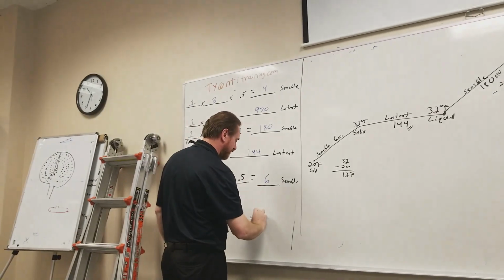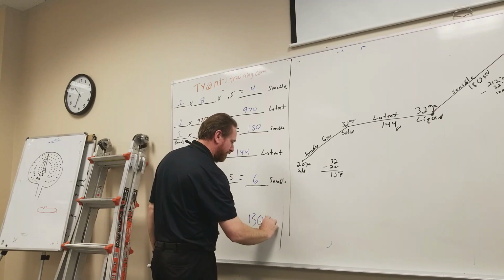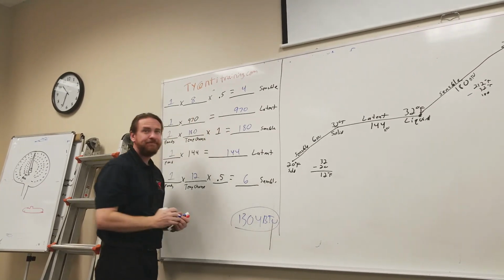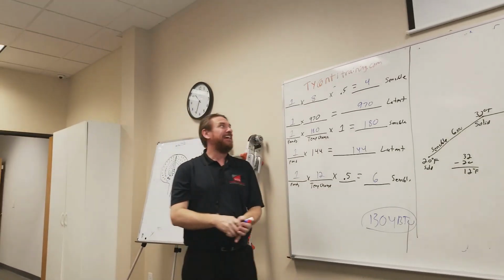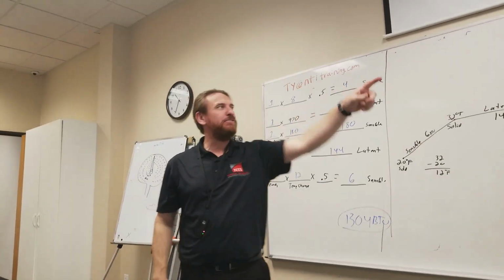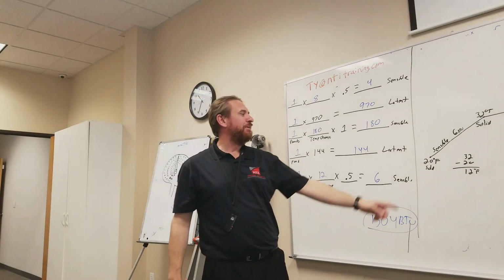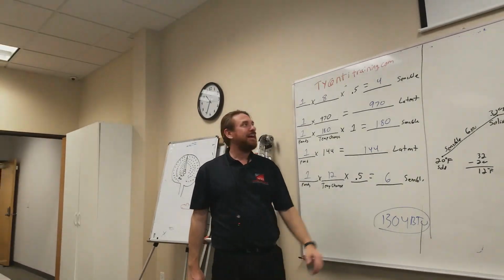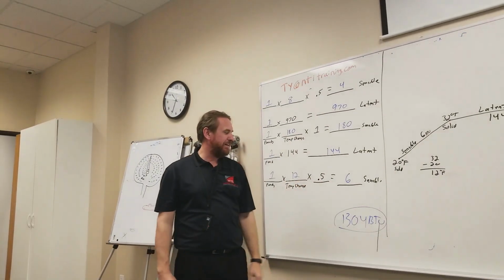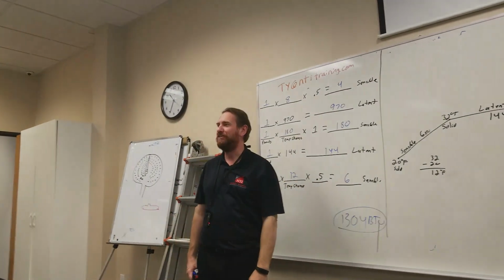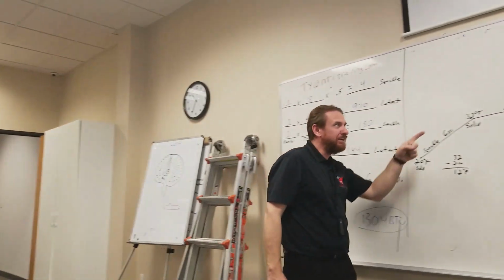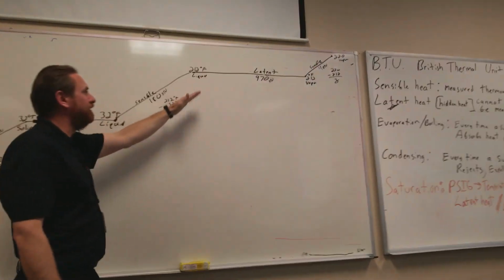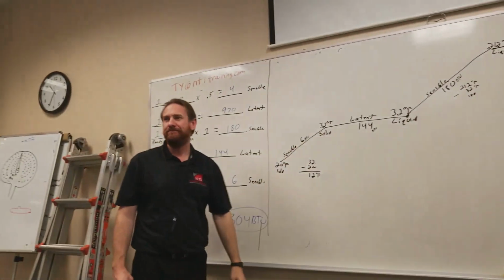So it takes a total of 1304 BTUs of heat energy to make that happen. Or if I had water vapor at 220 degrees and I wanted to freeze that, not only freeze it but drop that down to 20 degrees, I'd have to remove 1,304 BTUs of heat energy. So if I want to go this way, I have to add heat into that. If I want to go this way, I have to remove heat out of that.